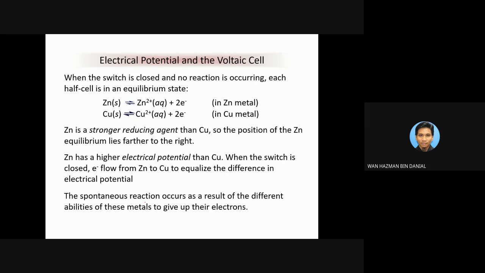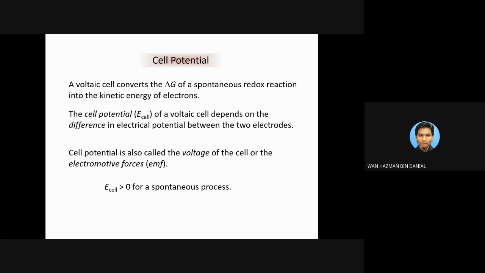So the spontaneous reaction occurs as a result of the different abilities of these metals to give up their electrons. I think this one better to look at the table nantilah kita akan tengok lagi macam mana we identify them as which one yang lebih have a tendency to reduce. Okay, the cell potential.